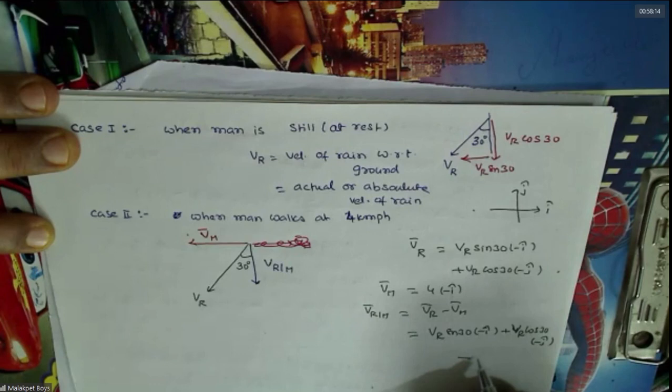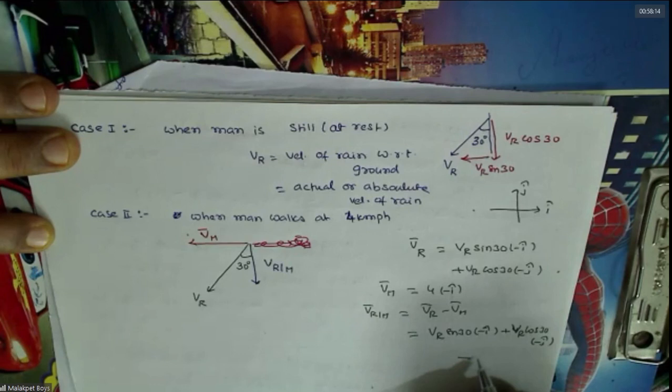Now he says in this case, when rain, VRM must be vertical. Implies which component should be there? Zero? X component, horizontal component. Only Y component should be there as per the question.